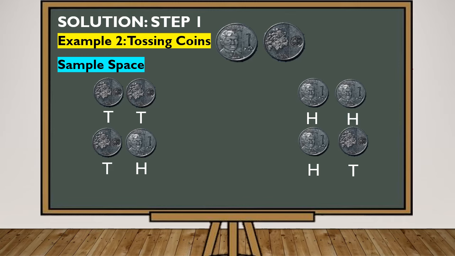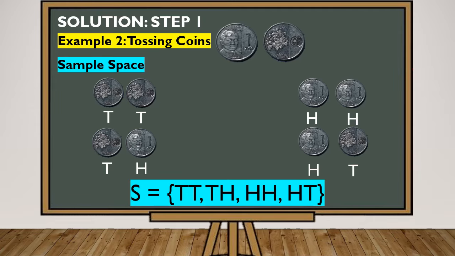So is there anything more possible? Is there more possible outcomes aside from these outcomes that we have listed? I think there are no more possible outcomes. We only have 4 possible outcomes.